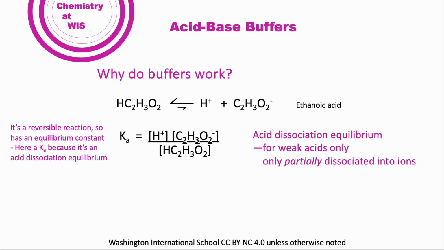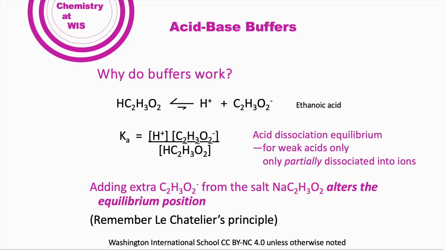Because it's acid dissociation, it's K subscript A. And we can write out the value in terms of the concentration in moles per decimeter cube. Only works for weak acids because they form an equilibrium of the undissociated acid and some dissociation.